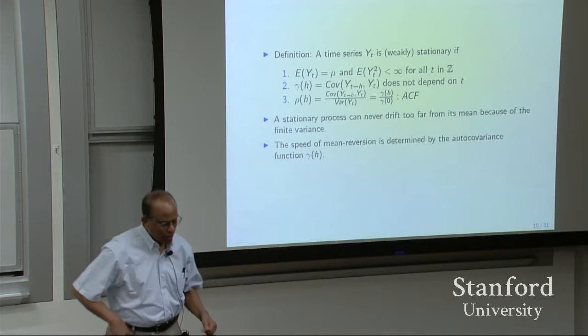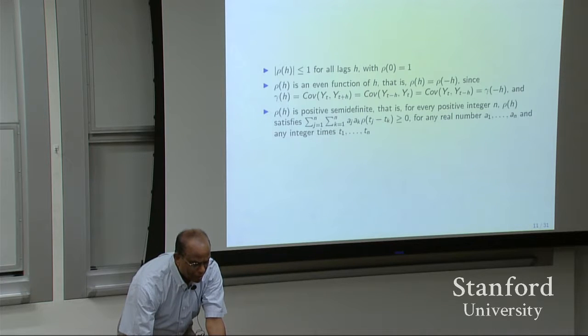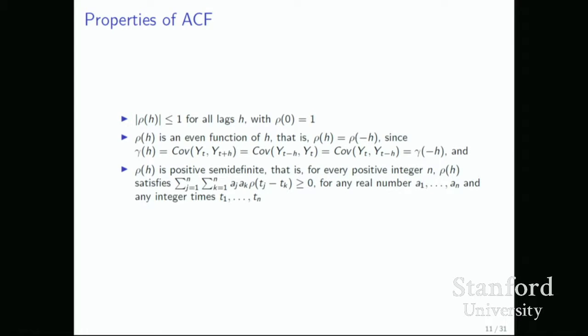I'm going to ask you to think about a couple of things here. What are the properties of this autocorrelation function? You'll see that the autocorrelation at all lags should be at most 1 in absolute value, and it's an even function, which means that whether you're relating t minus h to t or t to t plus h, it's all going to be the same because of the stationarity condition that I mentioned.